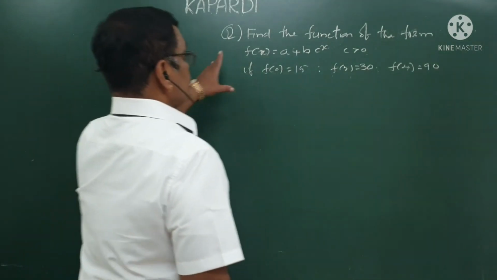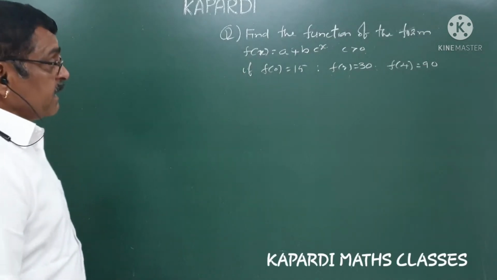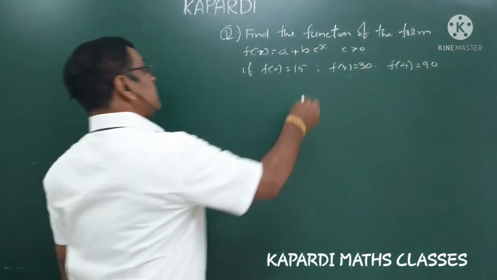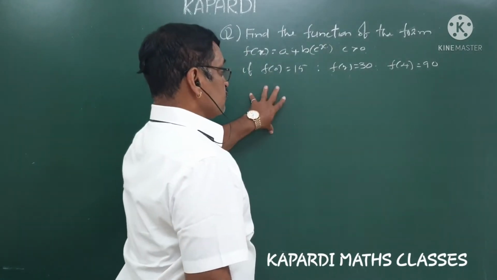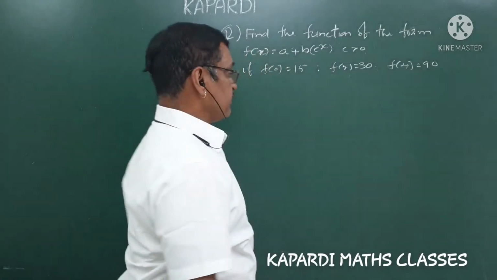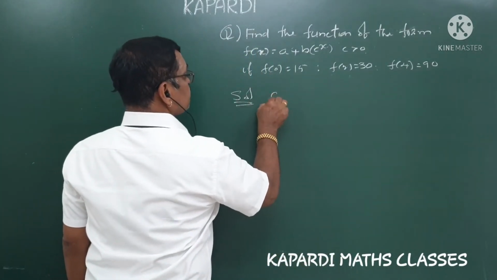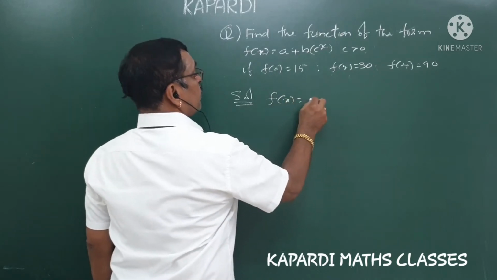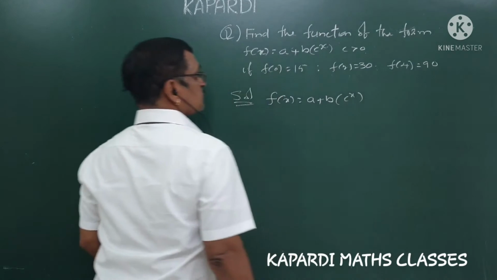Next question, find the function of the form f of x is equal to a plus b times of c power x, where c is greater than 0, if f of 0 equal to 15, f of 2 equal to 30 and f of 4 equal to 90. Solution. So my f of x is equal to a plus b times of c power x.